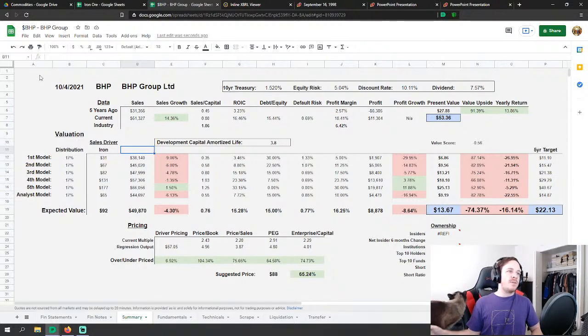The probability distribution we have for them is perfectly even across the board because we're using our commodity pricing model. In that pricing model, we're pricing iron ore as their main revenue source, which gets us iron ore projected prices of anywhere from $31 to $177 in 5 years from now, with an expected value of $92.